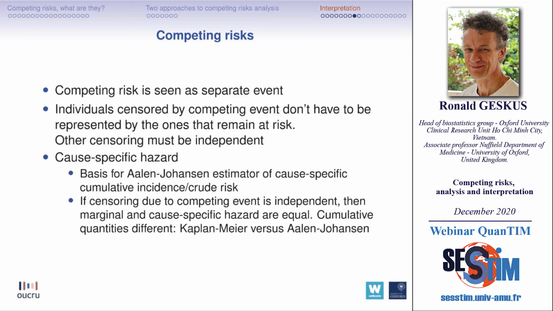These are essentially different quantities. Typically, the Kaplan-Meier goes down from 1 to 0. Think of mortality. In the end, we all die. Whereas the cause-specific cumulative incidence, which usually is plotted starting at 0 and then going up, never goes up to 1.